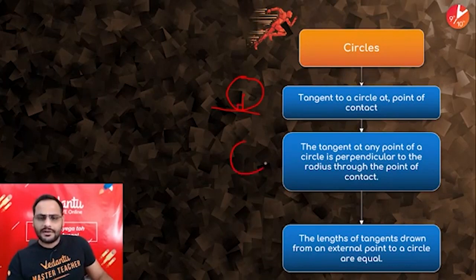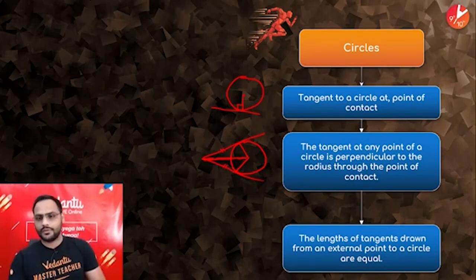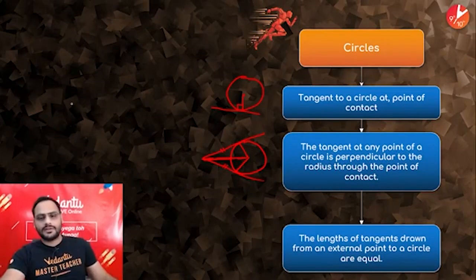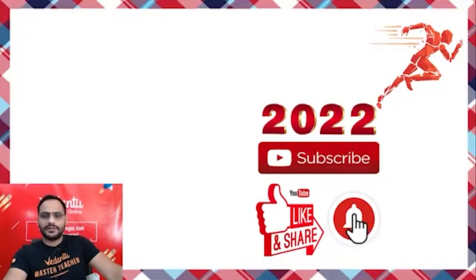Then we have learned that if we draw tangents to a circle from an external point, and I join the radii at the points of contact, these two triangles we get are congruent triangles, and we can say that the two tangents are equal in length. Alright, so these are the two important topics that we have discussed. We have understood the meaning of tangent as well, one point of contact, all this we have discussed.